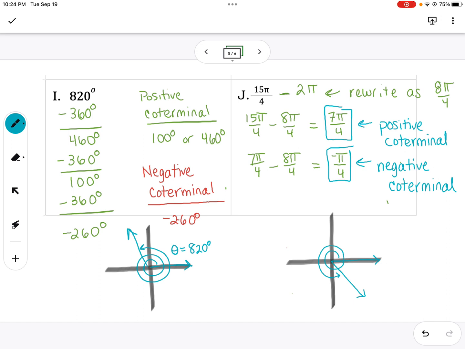And the way you know that you're going to land close to that 4th quadrant, so this is 3 pi over 2, and this is 2 pi. 7/4 as a fraction is closer to 2, right? So you know you're going to land in the 4th quadrant. That's a big hint, in my opinion, right? Because 7/4 is almost 2. So you're definitely in that 4th quadrant.